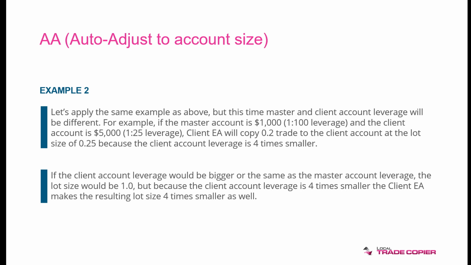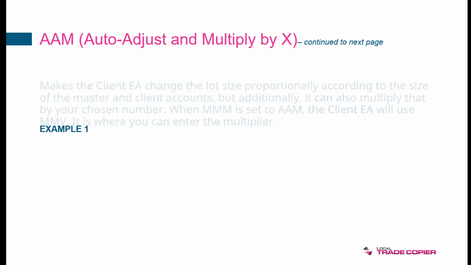So the one full lot becomes 0.25. If we wouldn't do that, the client EA would be in danger of risking capital, getting margin calls, stop outs, and so on. Yeah. Okay, so let's go next.